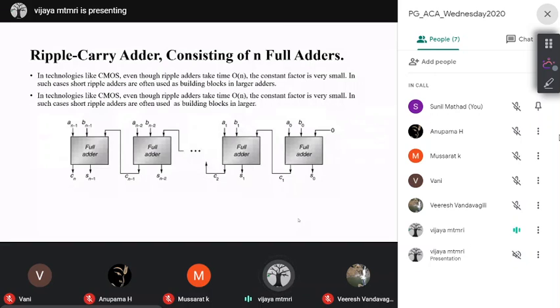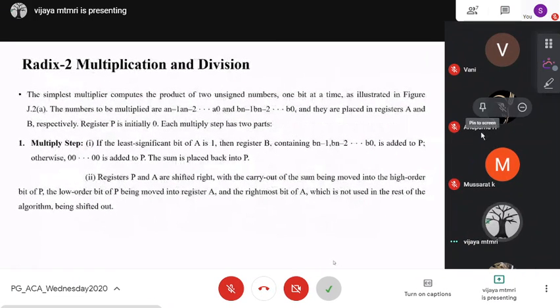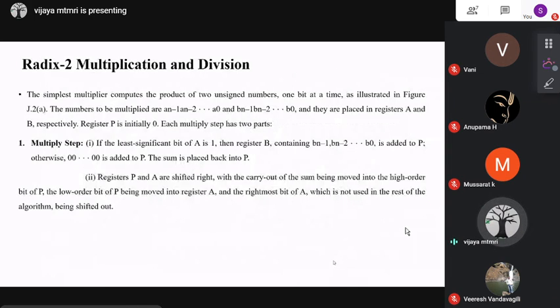So next is radix 2 multiplication and division. Here the simplest multiplier computes the product of two unsigned numbers, one bit at a time.